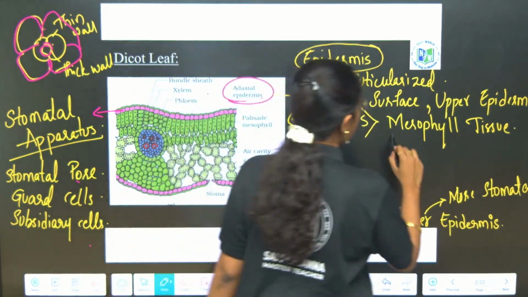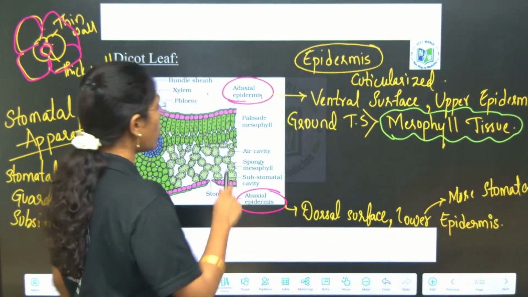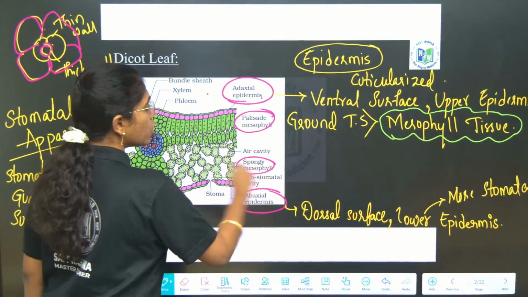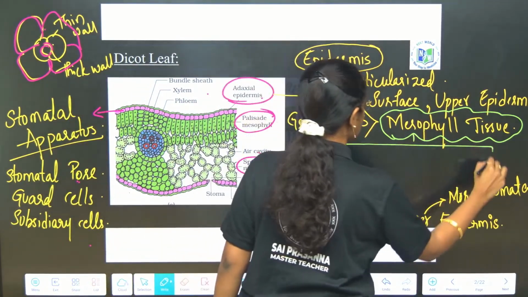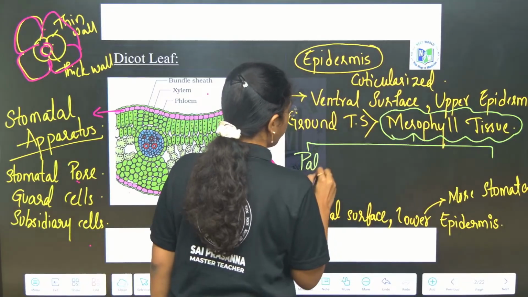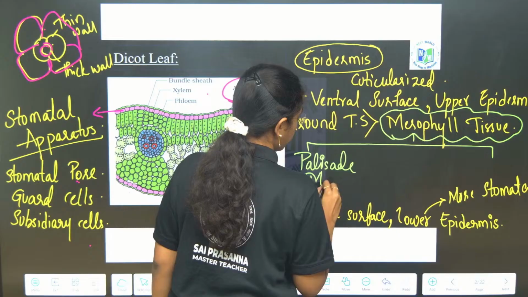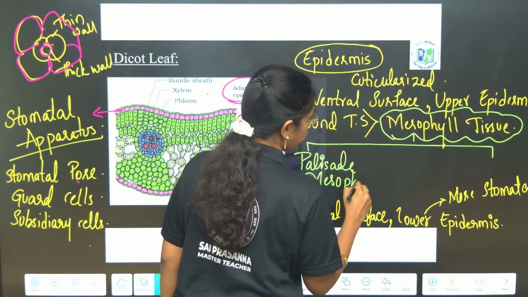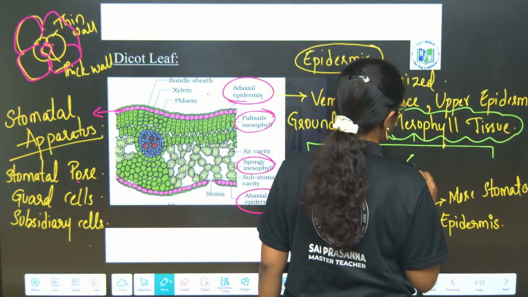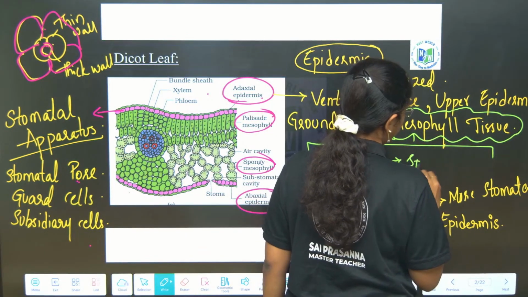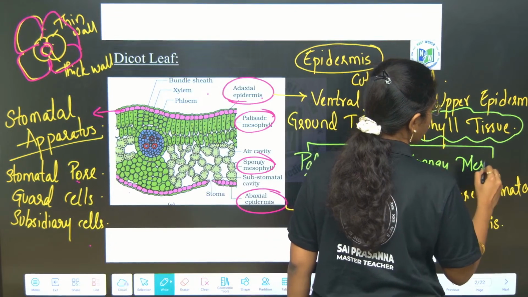What is that? Palisade parenchyma and spongy parenchyma, or palisade mesophyll and spongy mesophyll.